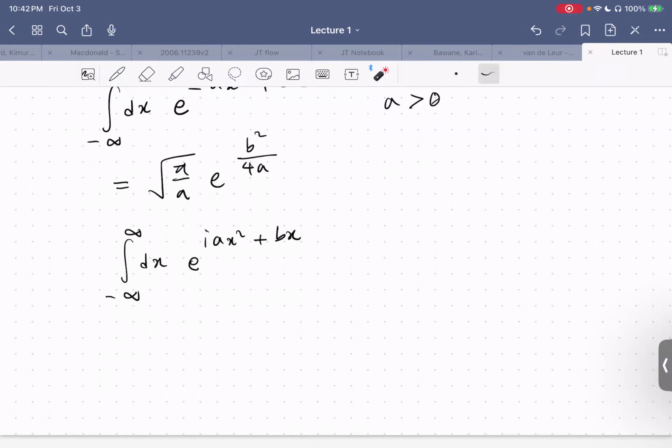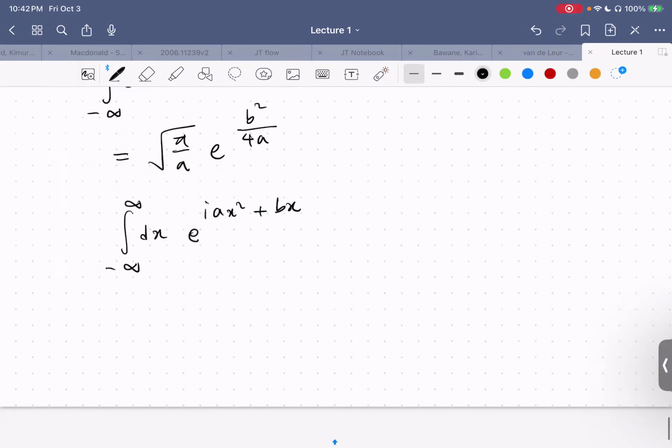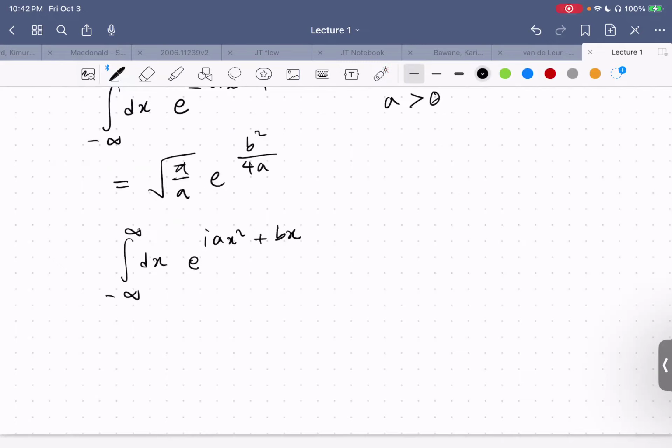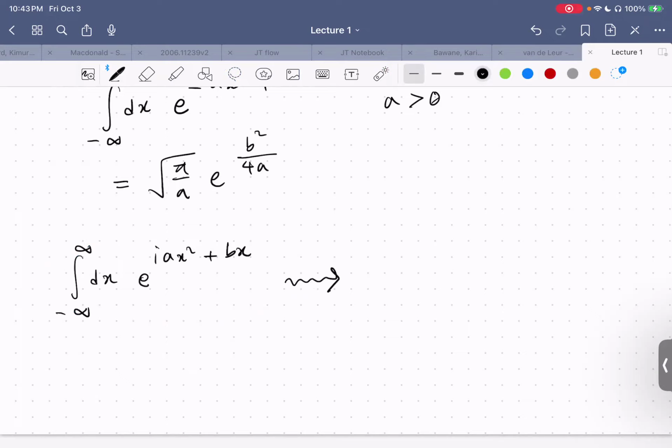And the trick that we're going to use is the following. Instead of doing this integration, that we are not even sure that it converges, we are going to do a different integration that we are sure that it converges. Basically, all we're going to do is replace this coefficient.